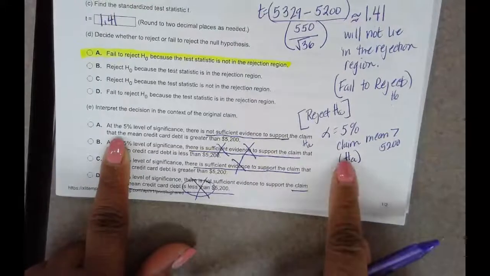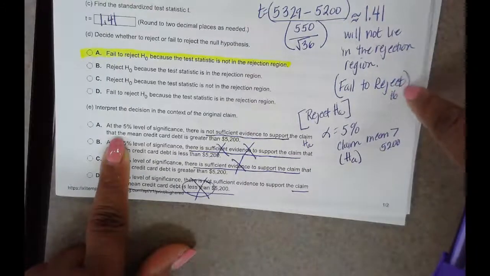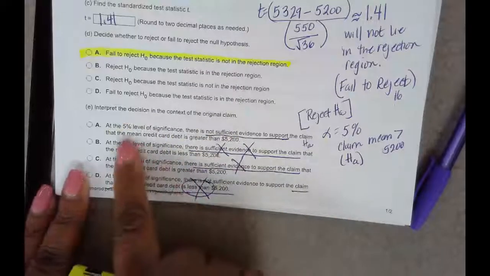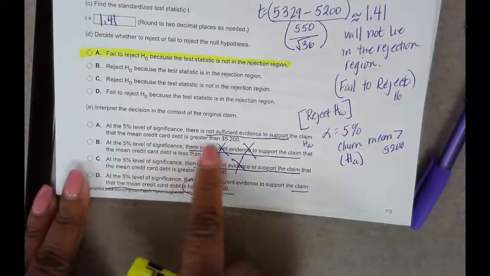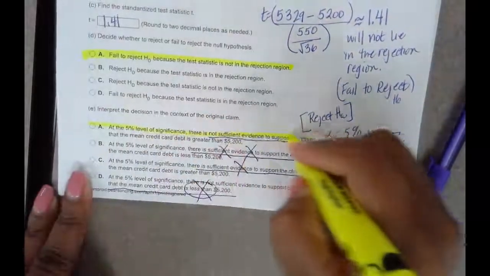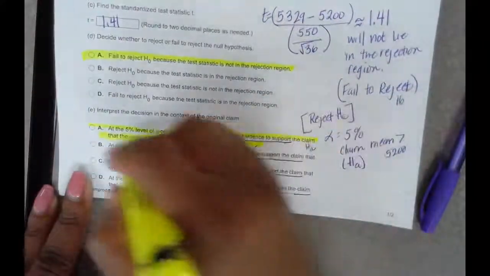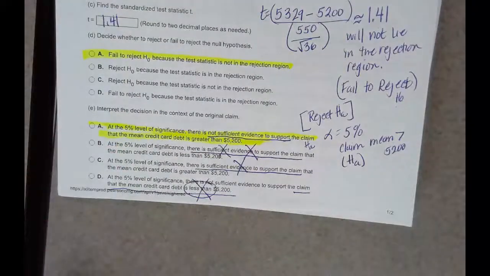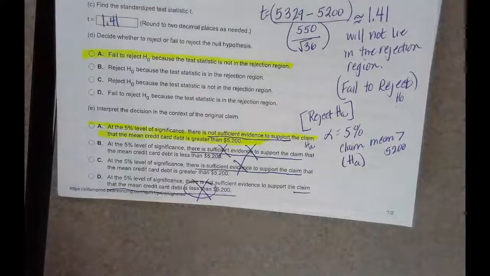We are rejecting that because we are failing to reject the null, or H null. Also, y'all, this has the correct claim in it. So that's also something to pay attention to. Okay. Alright, let's look at the next one.